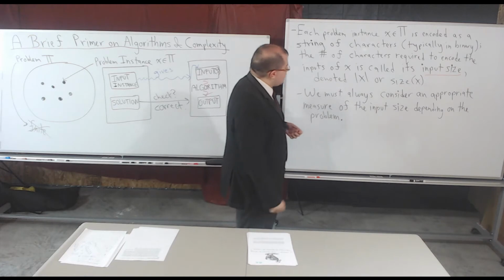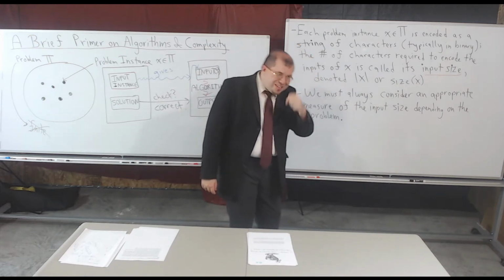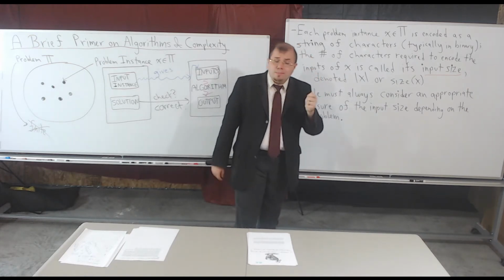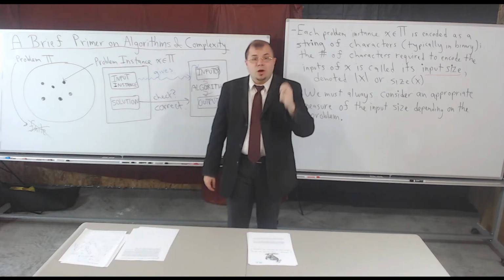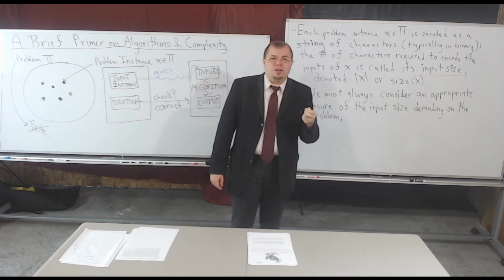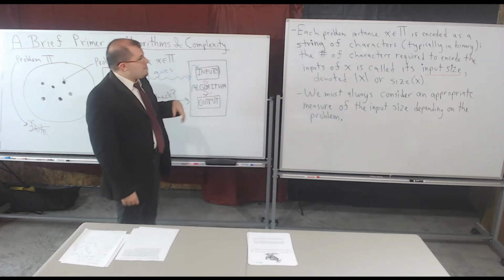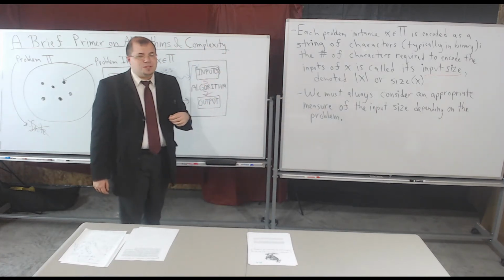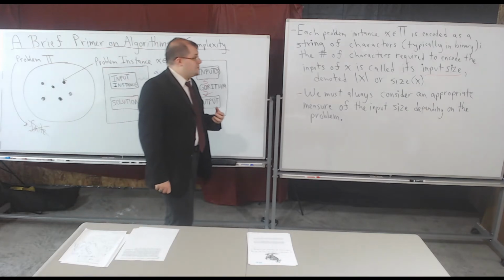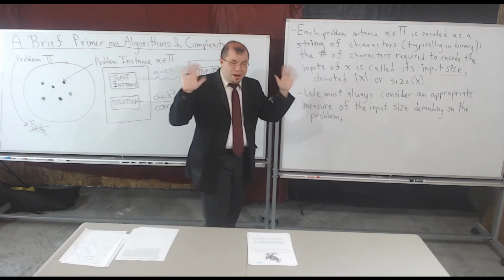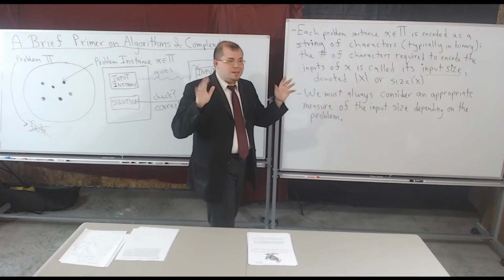Now, technically, if you want to get really into it, each one of those numbers can be encoded with about a logarithmic number of bits with respect to that number. But I'm making certain machine theoretic assumptions about our analysis to allow me to say, okay, it's not terribly important.